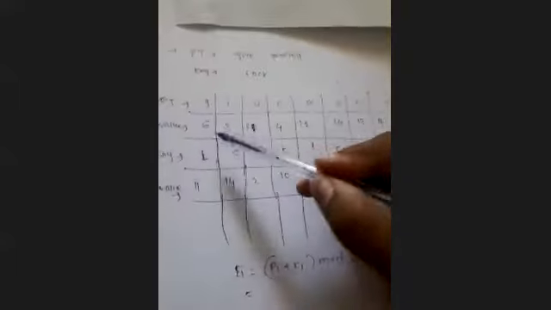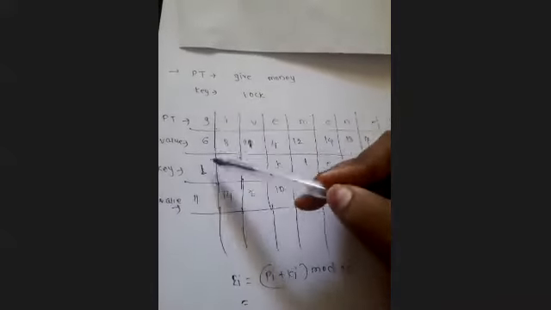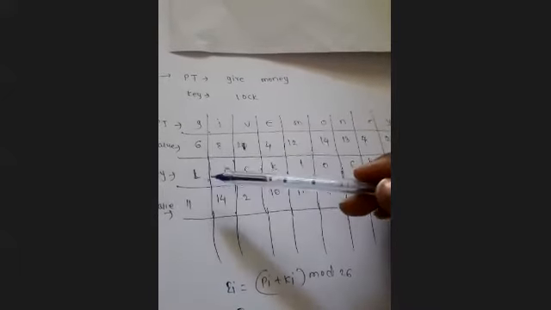Now we have the first pair, G and L, with the values 6 and 11. 6 is the plain text value, right? So 6 plus 11 mod 26 is 17 mod 26, which will be 17, right?